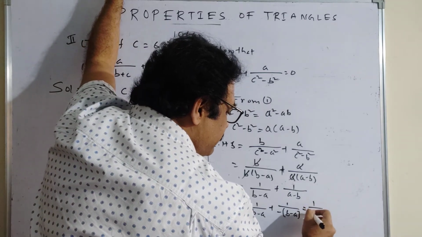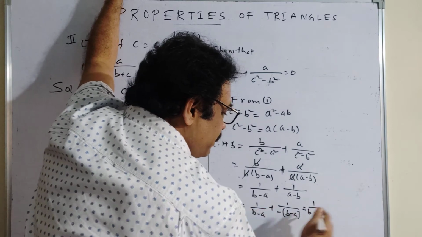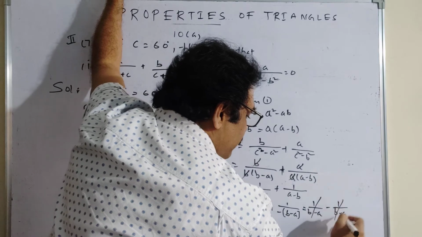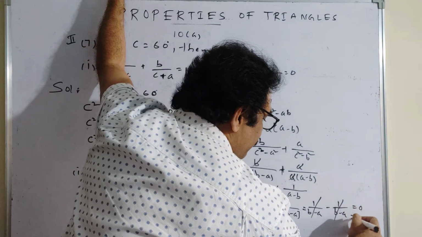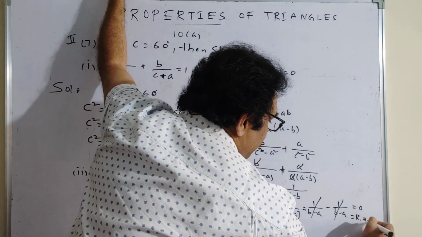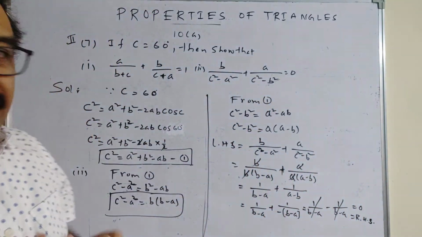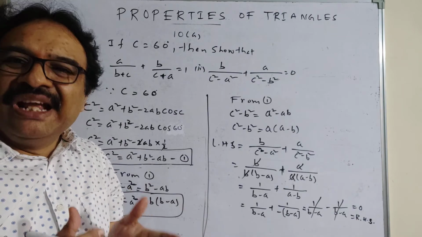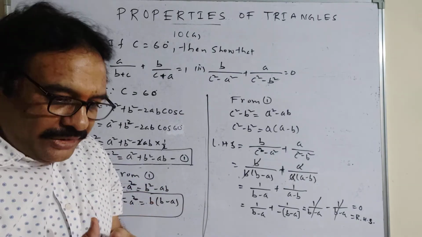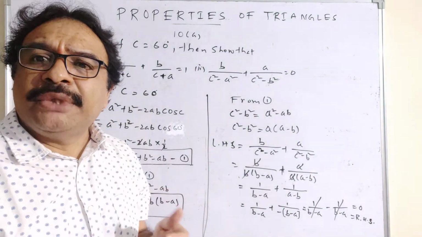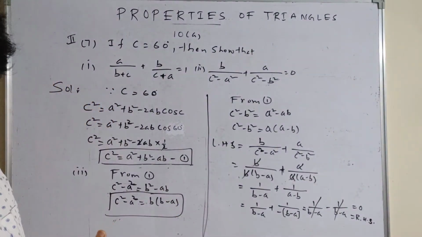Therefore, you will be getting 1 by (b minus a) plus into minus 1 by (b minus a). Both get cancelled. I am getting 0. Therefore, LHS is equal to RHS. I hope that you understood the problem very clearly and cleanly. Right, now let us keep continuing this session so as not to waste our time.